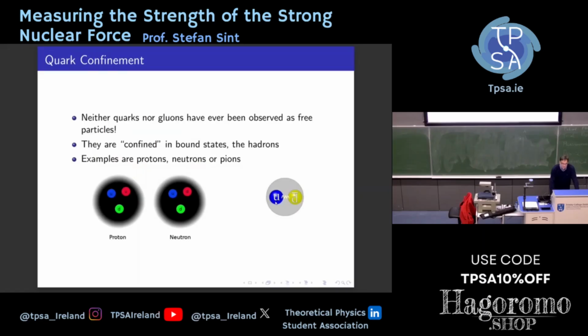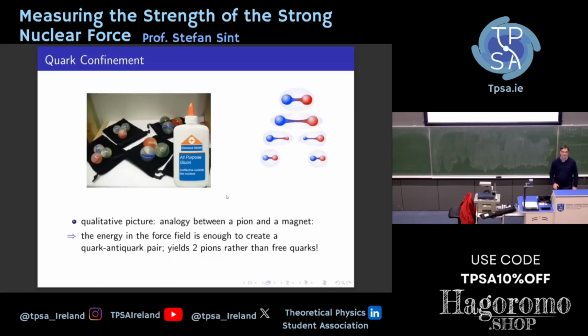So here, for example, you would have color and anticolor in the pionic or mesonic state, and that mixes to a colorless state. Or you can mix 3 colors, like in the baryonic states, proton and neutron, and you get a state that is colorless.